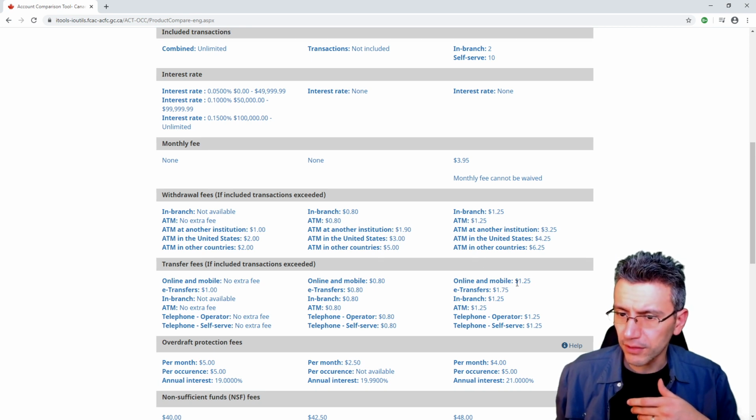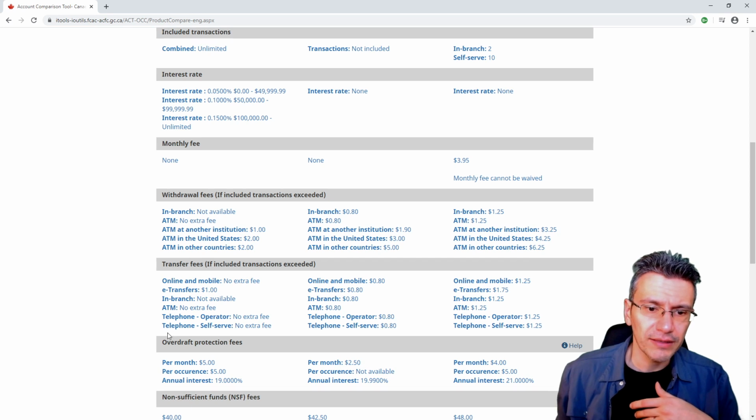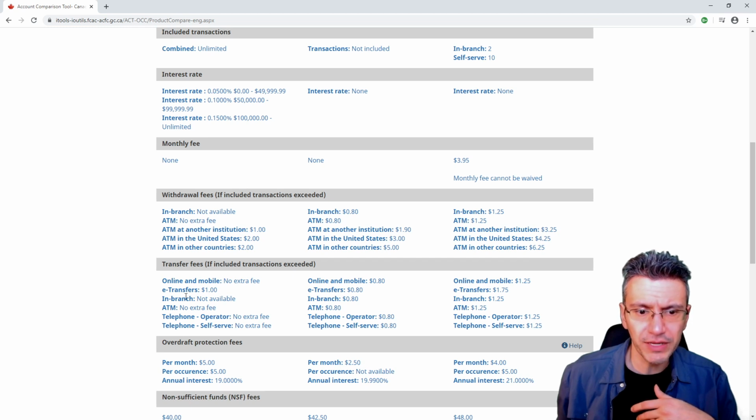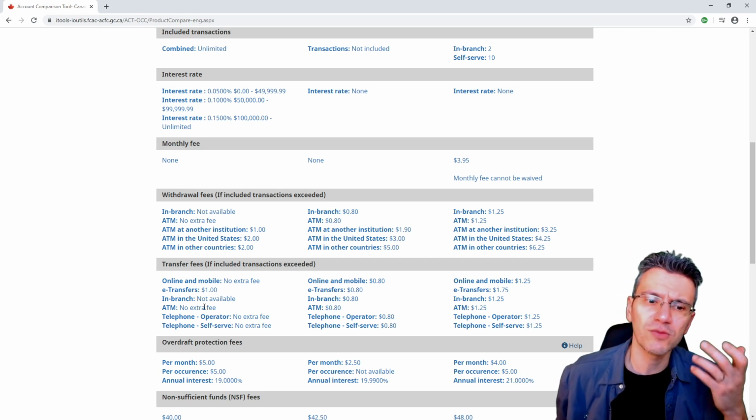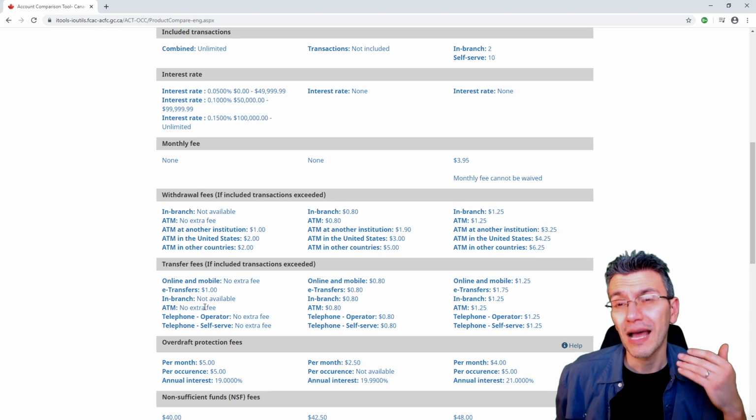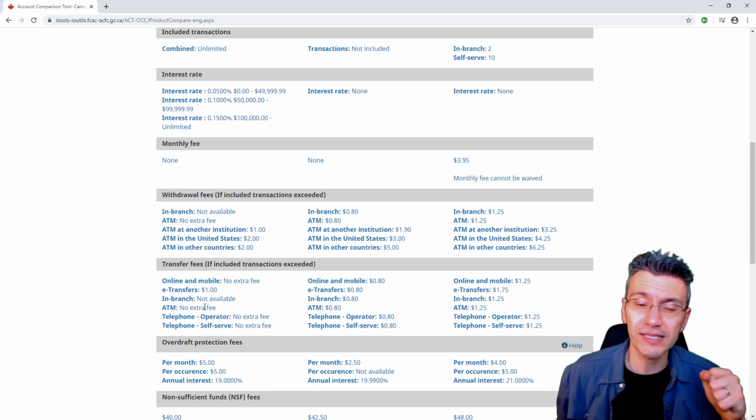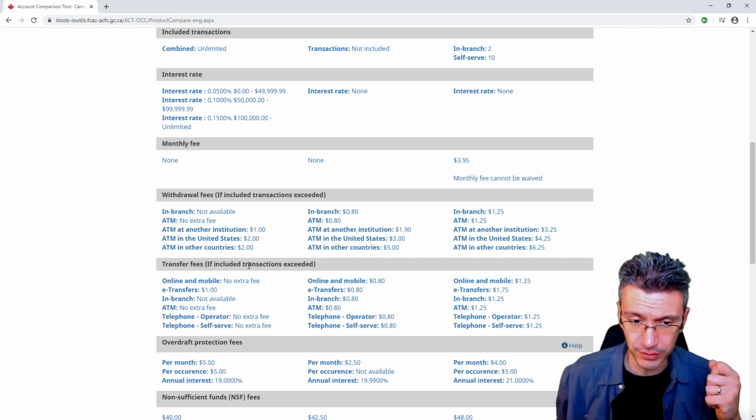Here you have $1.25, $1.75. And in the case of Tangerine, most of the things are free. So there's no extra fee, no extra fee, no extra fee. E-transfer, here they say it's $1. As a matter of fact, though, I know for a fact that if you opt for a slightly slower process e-transfer, you can also get them for free eventually as well.